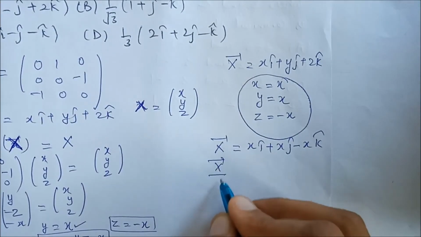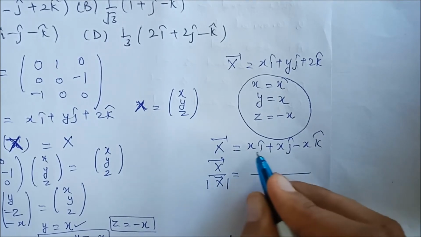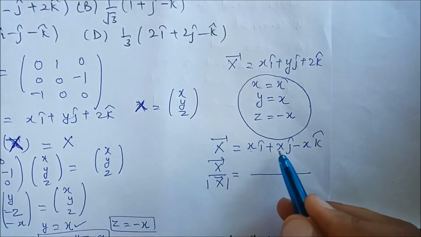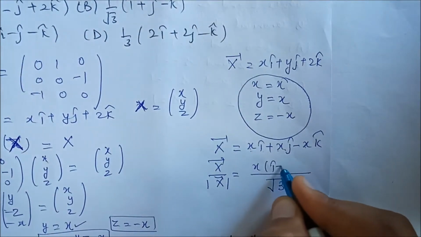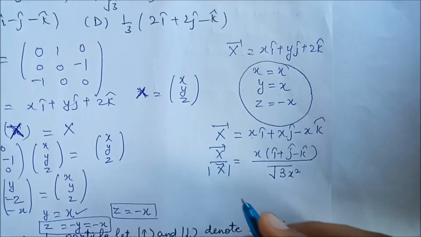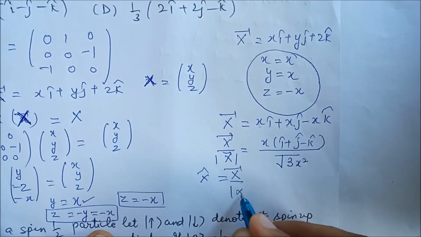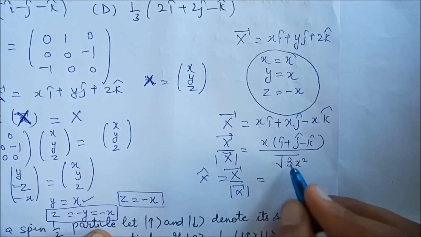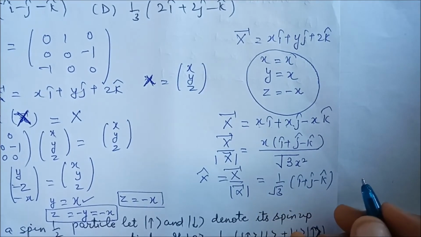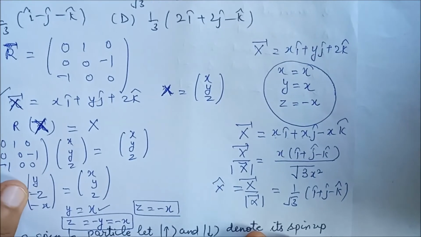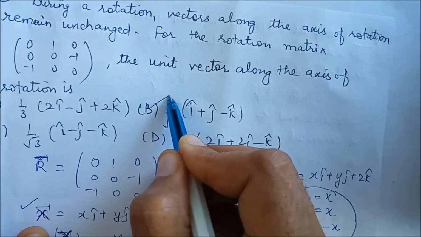To find the unit vector, we divide the vector by its magnitude, and the magnitude is the square root of the sum of the squares of all components, which is root 3 x squared. The x is common and cancels, so x cap is equal to 1 over root 3 times (i cap plus j cap minus k cap). So the answer is i plus j minus k, B.